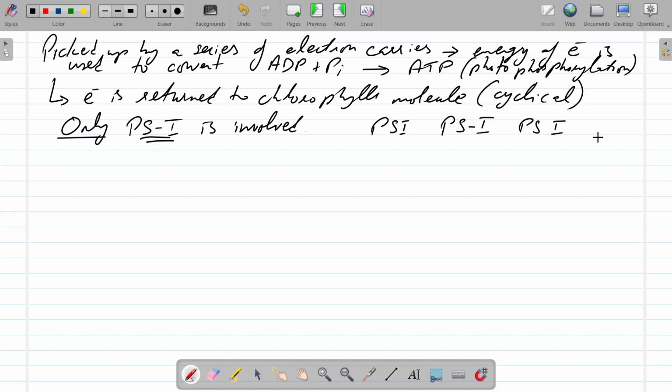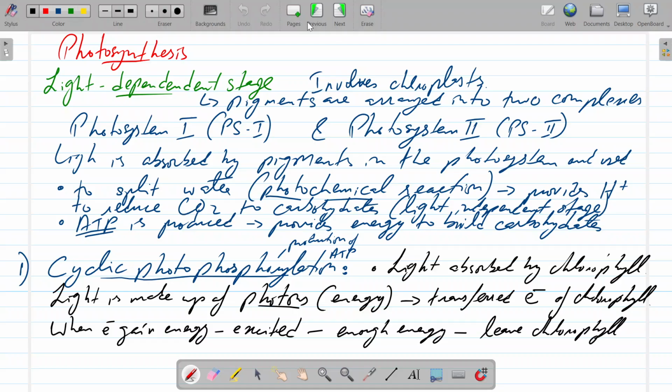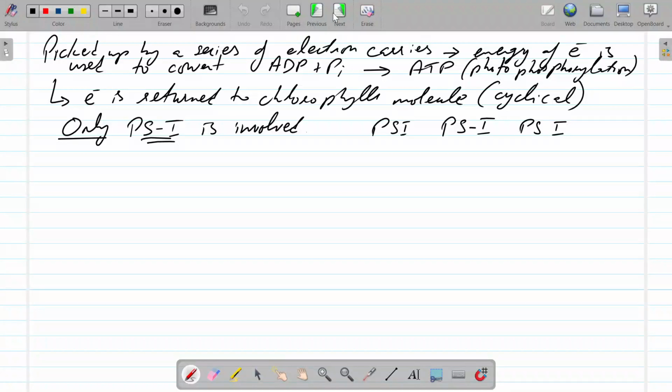That's something that's used in physics, but that's all written in lowercase, so you really can't confuse it with that. But still, it's better. I mean, there's no standard way of writing this. So either give a space, or better yet, put a hyphen that just makes it clear. Okay. So that is cyclic or cyclical photophosphorylation.